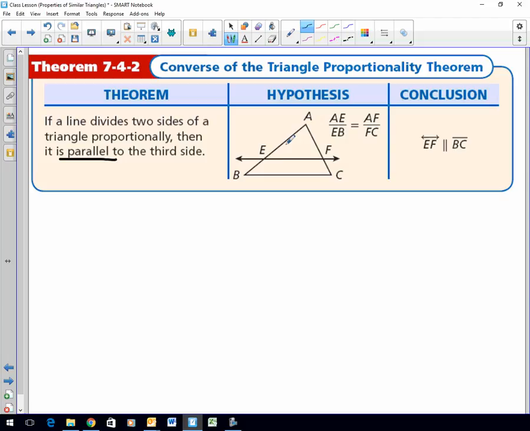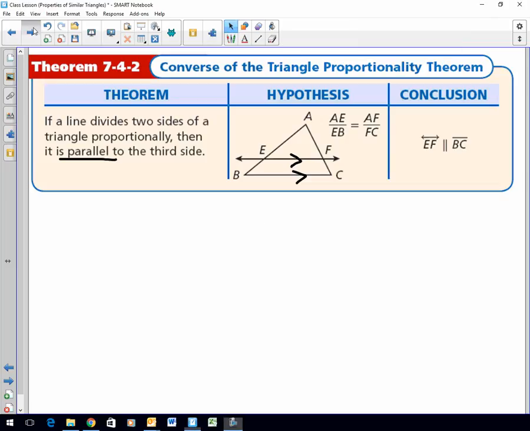This time, I start with the proportionality. I give you that AE over EB is proportional to AF over FC. If you have that information, you can conclude that EF is parallel to BC based on just that information.